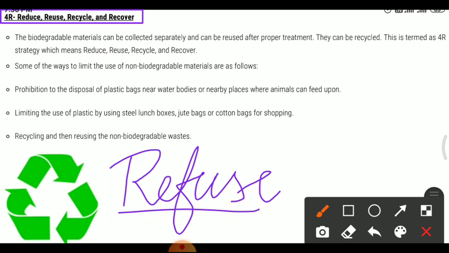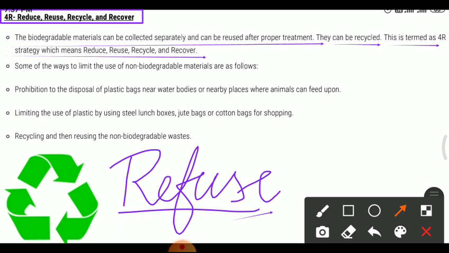So here the important points we can write: the biodegradable materials can be collected separately and can be reused after proper treatment. They can be recycled. This is termed the 4R strategy, which means reduce, reuse, recycle and recover. Also include the fifth R, which is refuse.